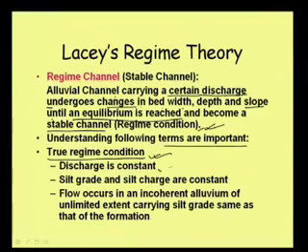Now, for true regime condition, discharge is constant. If we think about a natural channel, then definitely for a region like India, where rainfall is fluctuating a lot, I mean seasonal variation of rainfall is quite high, we cannot imagine having a fixed discharge through any natural channel.